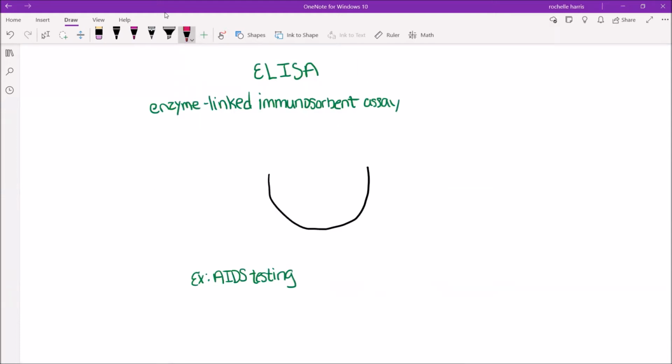ELISA, enzyme-linked immunosorbent assay. So we have a series of wells, and in these wells, we have our antibodies.